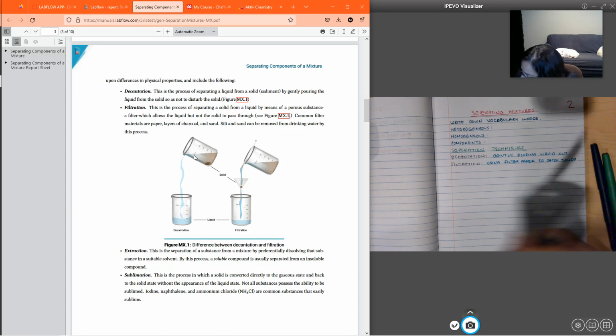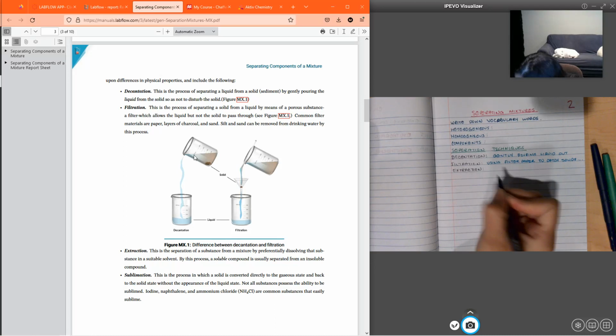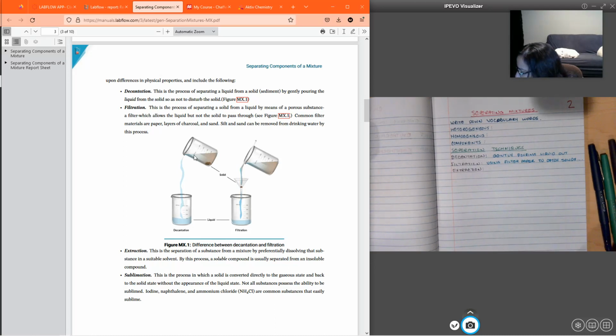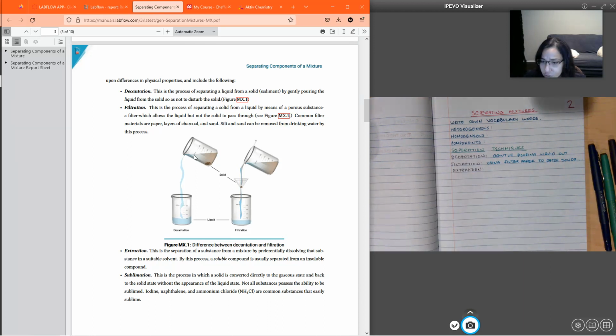Look at that. We got some more. We got the word extraction. So we read extraction right down here. This is the separation of a substance from a mixture by preferentially dissolving that substance in a suitable solvent. By this process, a soluble compound is usually separated from an insoluble compound. All right, so you're going to extract something.